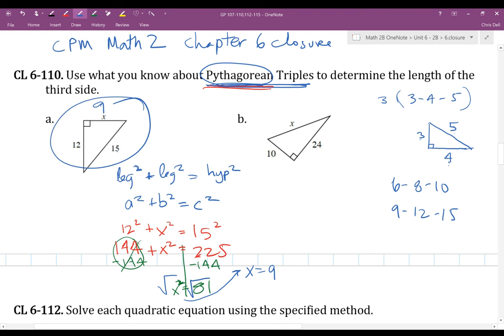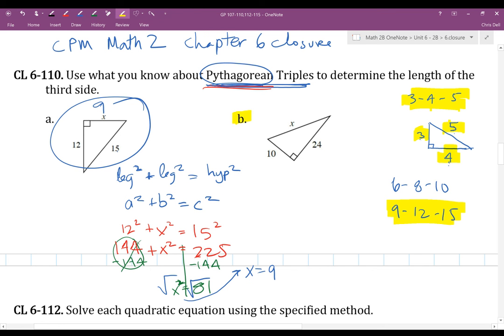So if I knew my 3, 4, 5 pattern, then any scale factor of 3, 4, 5 is also a Pythagorean triple. This is a scale factor of 3, because it's 3 times as much on each side length. Okay.